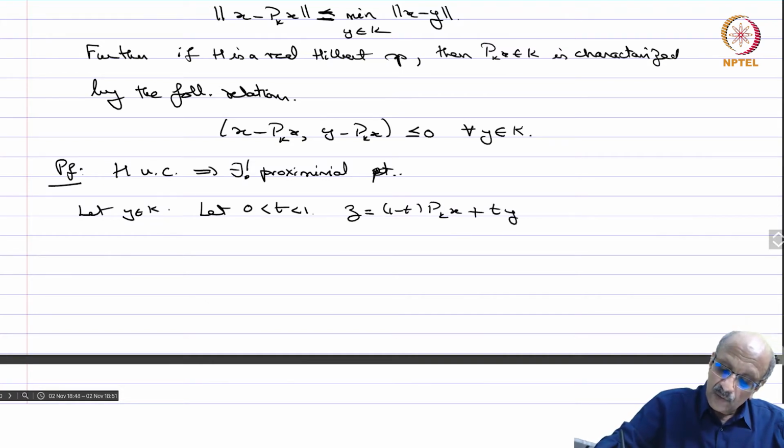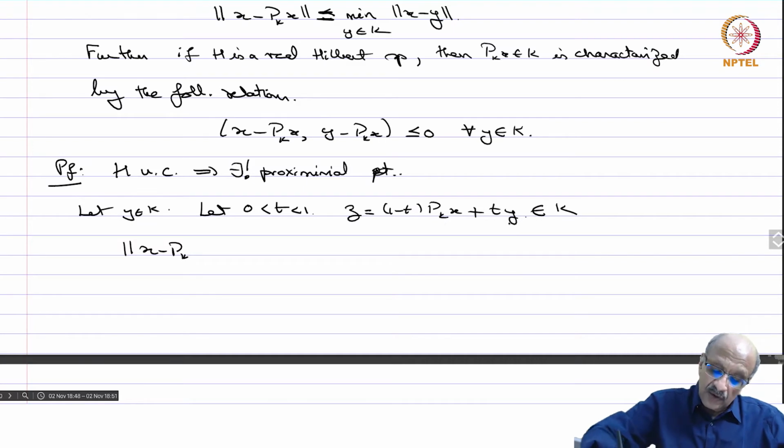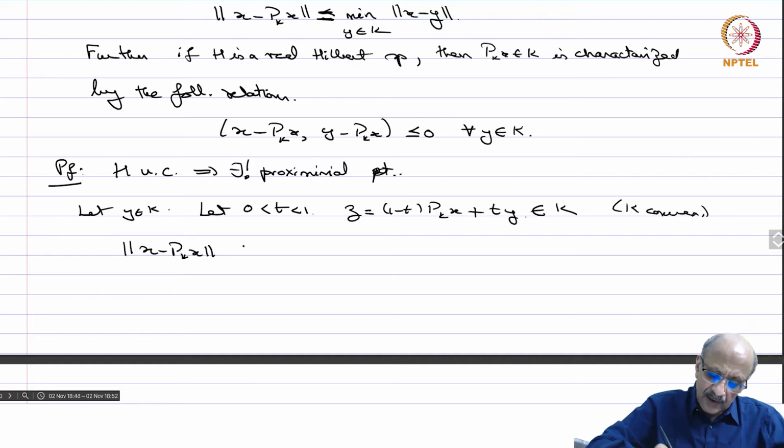plus t y. So we have P_K x, which is the closest point, and we want to show that it satisfies this particular inequality. Now z belongs to K because P_K x is in K, y is also in K, and K is convex, so any convex combination will be in K. So norm of x minus P_K x is less than or equal to norm of x minus z.